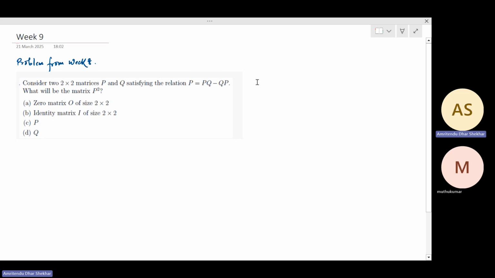The problem is that two matrices P and Q are two cross two matrices which satisfy this relation.